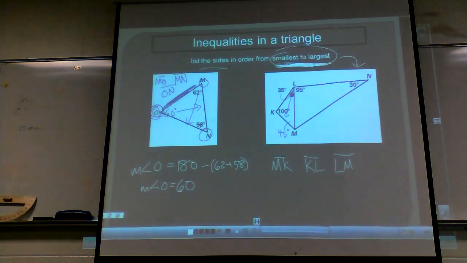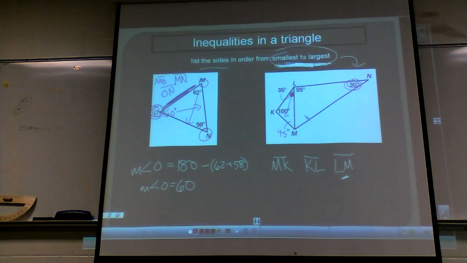But in the problems they give you, this one should always be the largest in one triangle and also the smallest in the other one. So LM is the biggest side in my triangle on the left-hand side, but it's also the smallest over here. And I know it's the smallest because that 30 is going to be the smallest angle.